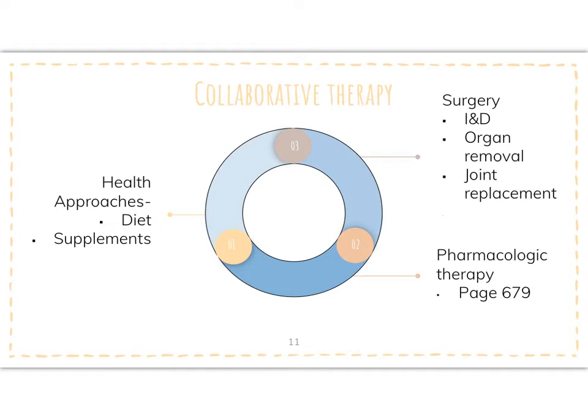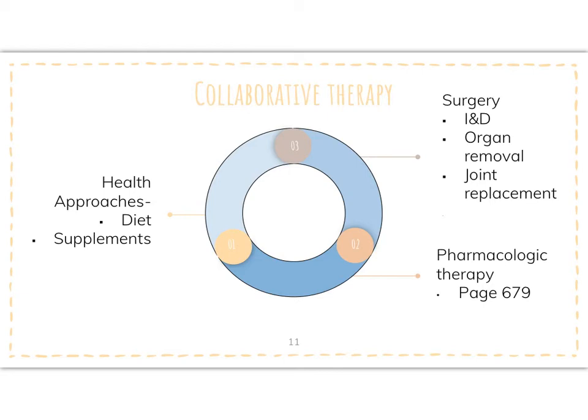We move on to surgery, and surgical intervention for the concept of inflammation could be so many different things. And so I just put a few things down here. If someone, for instance, has a wound, the wound certainly has an inflammatory reaction. We've talked about this. It's possible that the wound could become infected, and the patient would require what we call an I&D, and that just means incision and debridement.